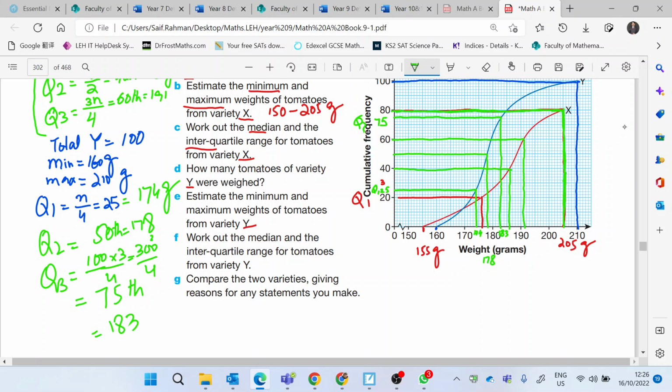Okay, so the IQR will be 183 minus 174, that will be 9. 9 grams is the answer. So the IQR for this one is 9.